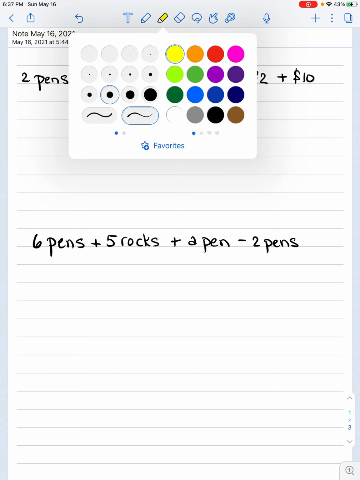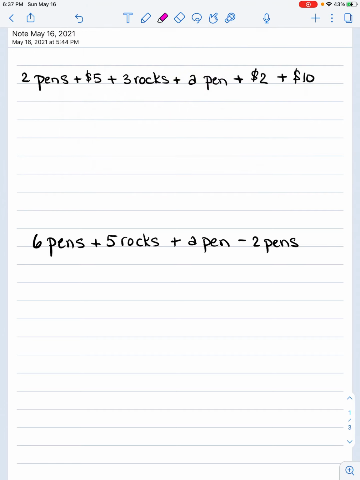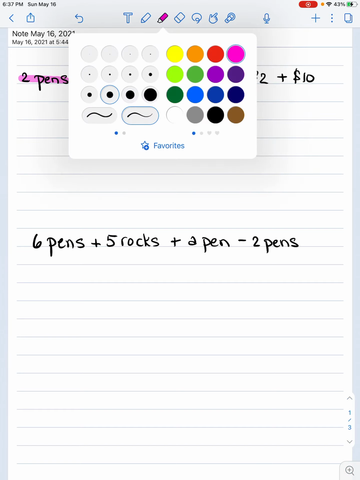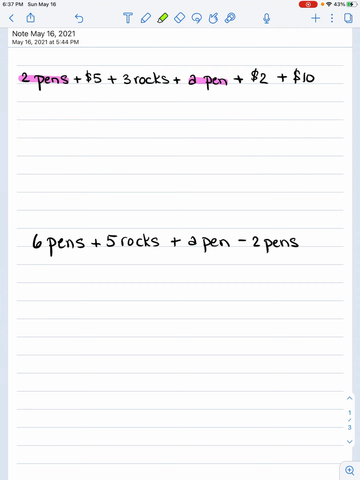In order to do that and make it easy, I'm going to color code things. The pens I'm going to highlight in pink. So I have two pens, and then I have another pen, and a pen, we all know, means one pen. Now let's go to green, and it's only appropriate that we highlight the money in green.